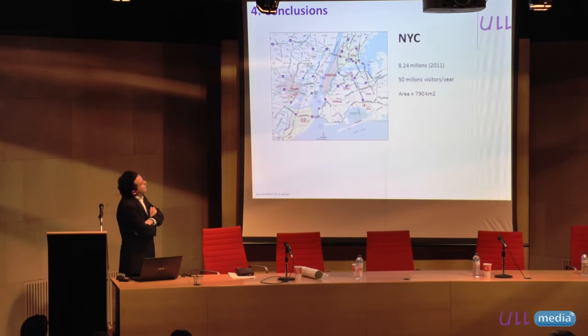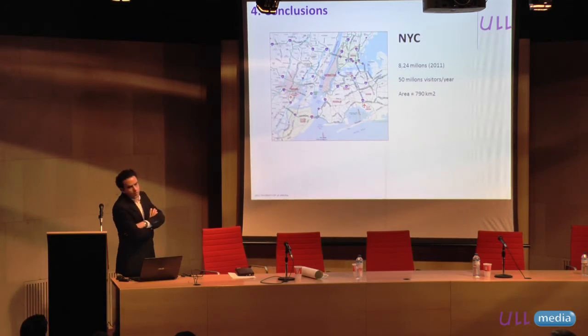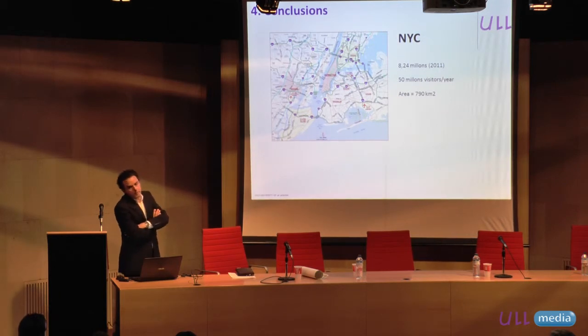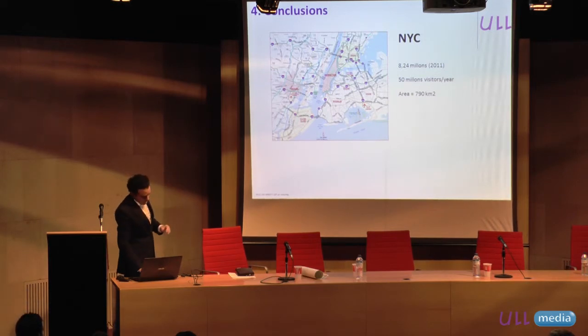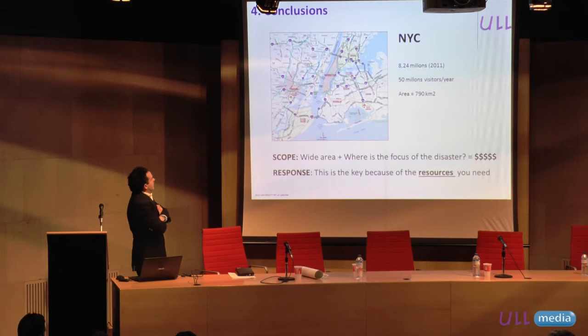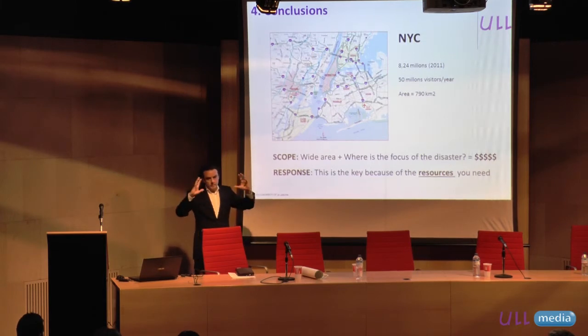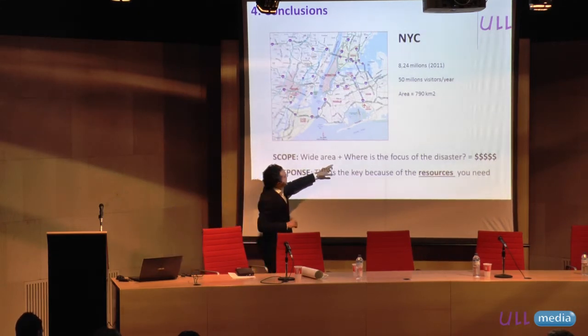So, but what about a big city like New York? When you have more than 8 million people, 50 million visitors, it's a big city. And here, the problem for a disaster is centered in the scope, the white area, and this is a specific and interesting question.